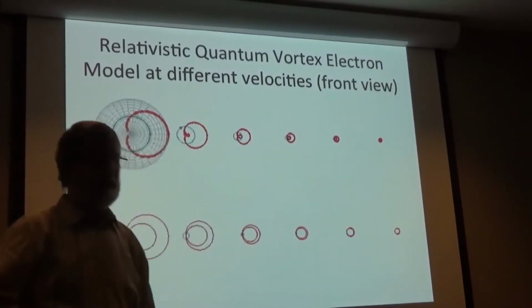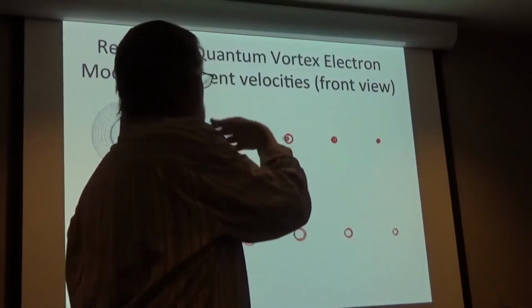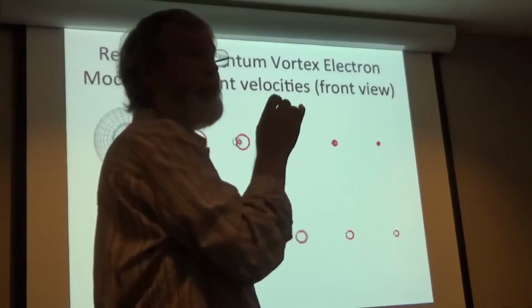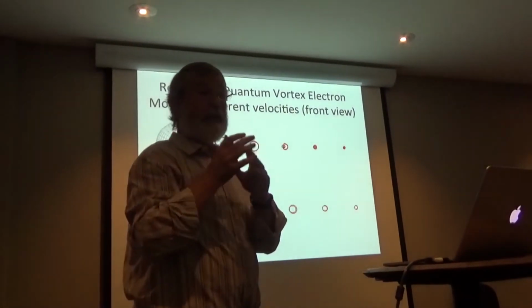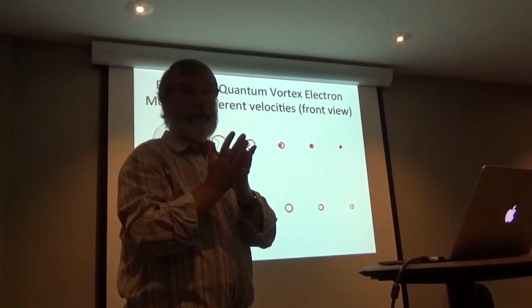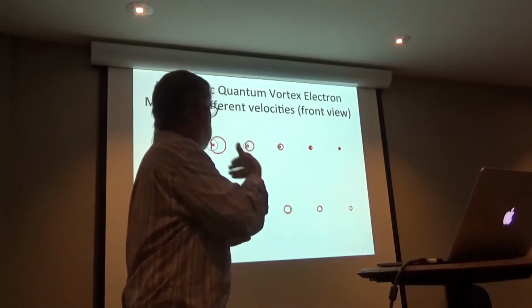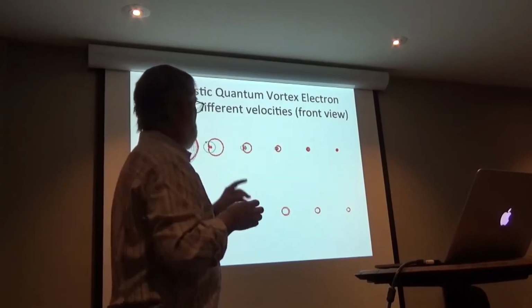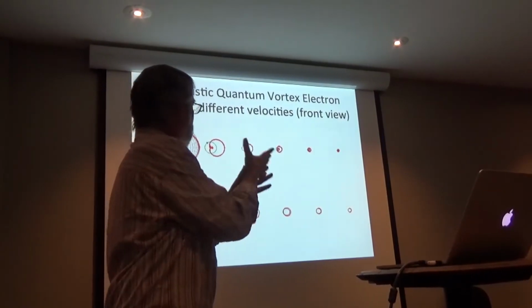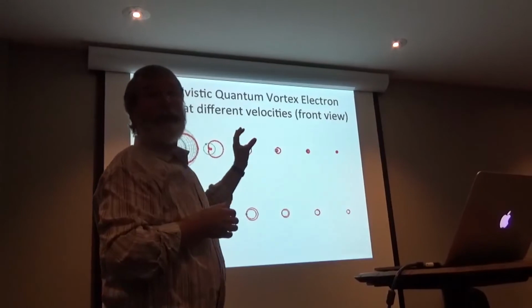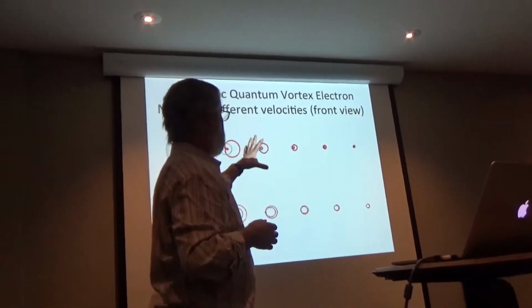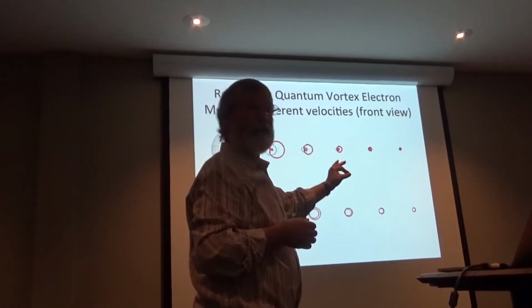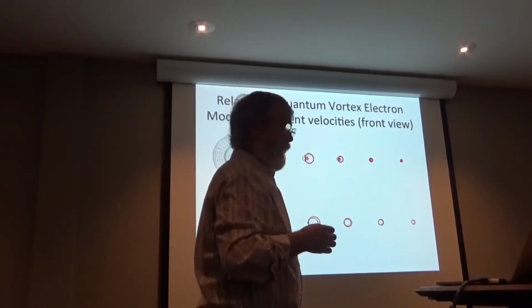That 1 over gamma is very similar to what's necessary for a high energy electron in electron scattering experiments, where they find the size is about 10 to the minus 18 meters. For the energies that they use, about 30 GeV, that's approximately what's predicted by the 1 over gamma relationship for the size of the electron.